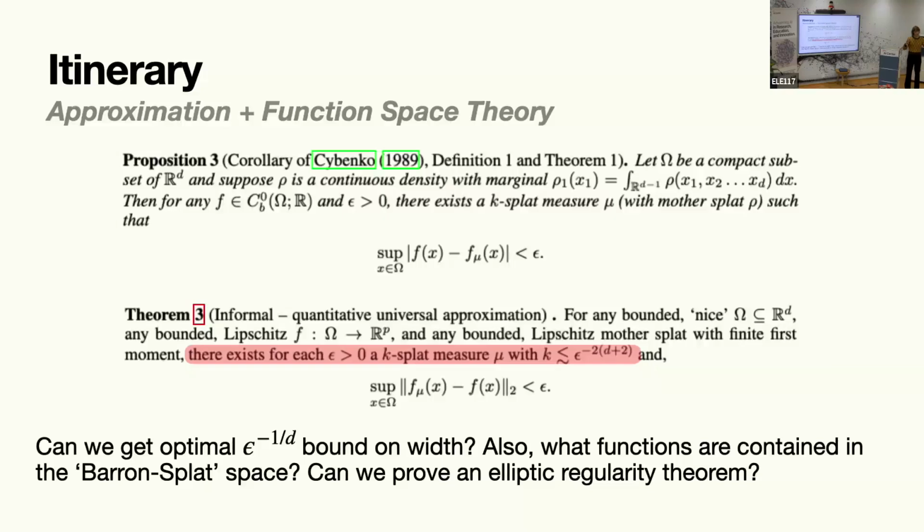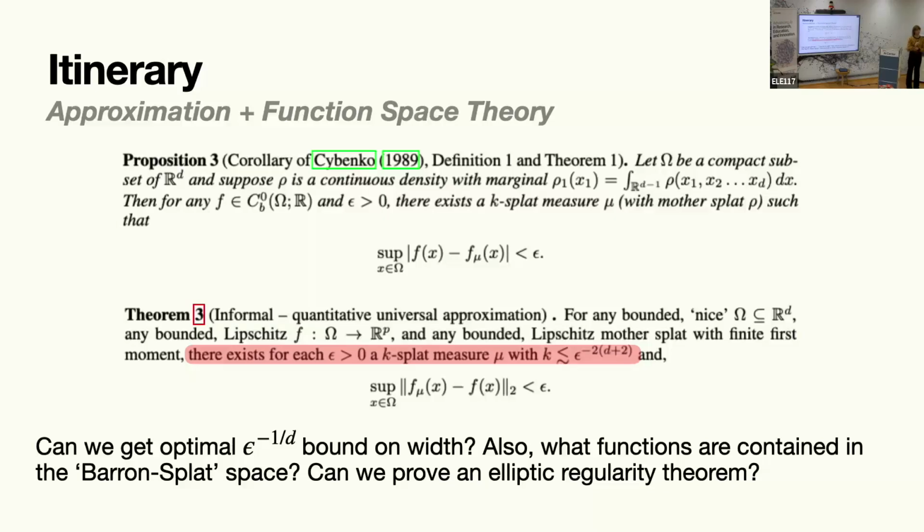If you think of a Lipschitz function on [0,1]^d, then one way you can get an epsilon uniform approximation is by creating cubes of size epsilon, of which there are epsilon to the negative d. And so we believe that epsilon to the negative 1 over d is the optimal rate. Right now, we only know how to get the one which I've highlighted, which is worse by roughly, sorry, this should be epsilon to the negative d, not 1 over d.